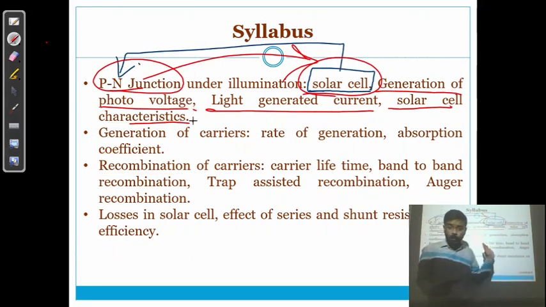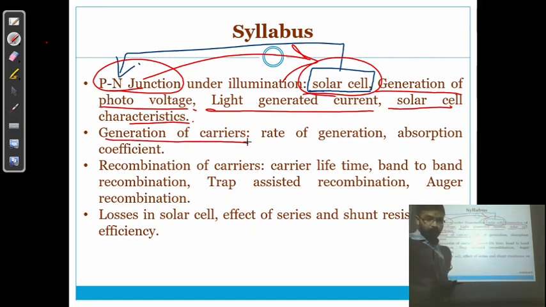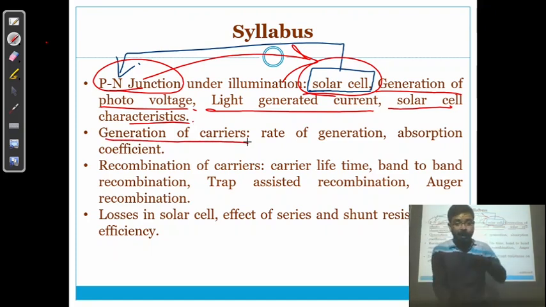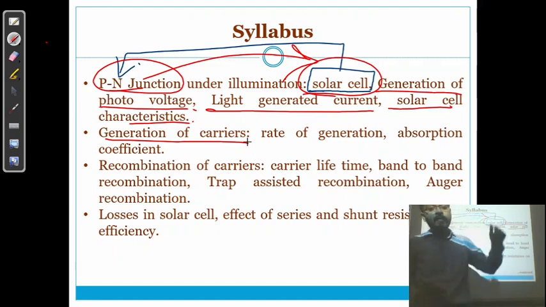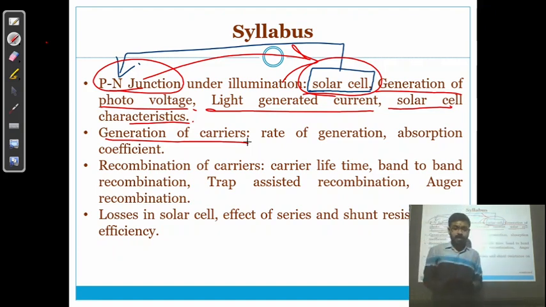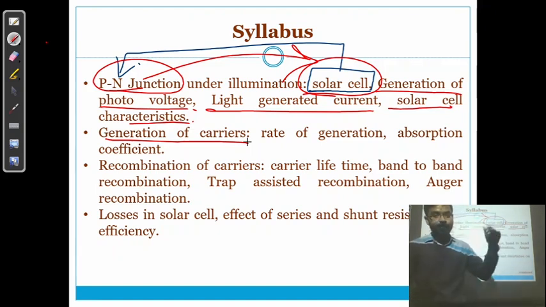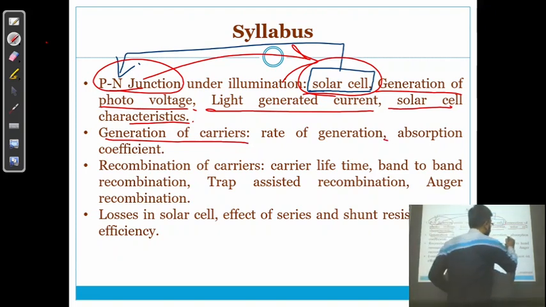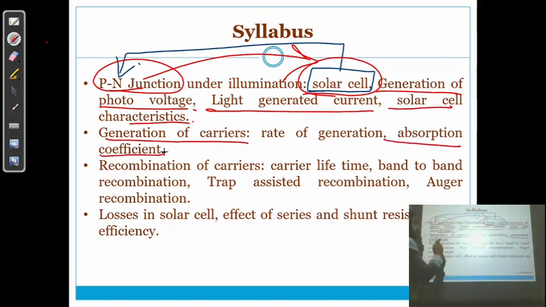There are a number of subtopics in which we will see the generation of electron hole pairs, the generation of carriers, how electron and hole pairs are generated with the incidence of light, with the incidence of photons. Light is nothing but photons. And it will also have a role for the absorption coefficient.